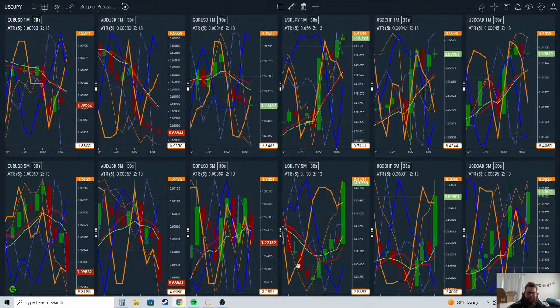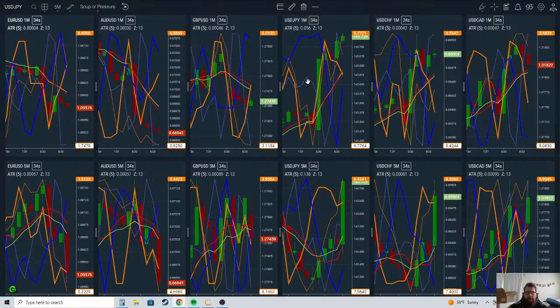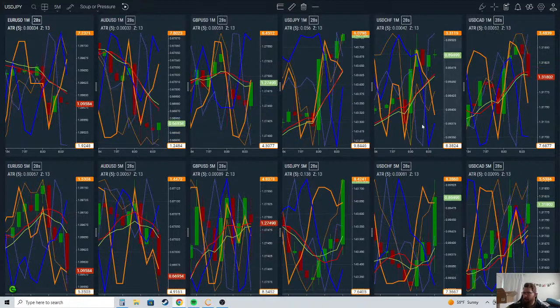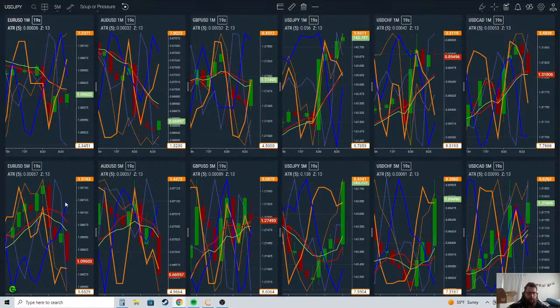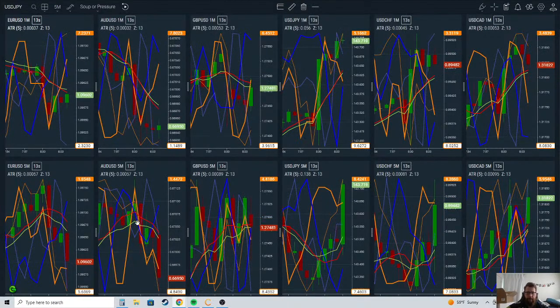Could take a trade on that, but a little sketchy. I am glad, however, that we did get a piece of this downward movement here.